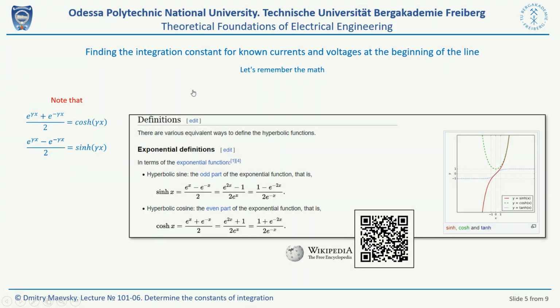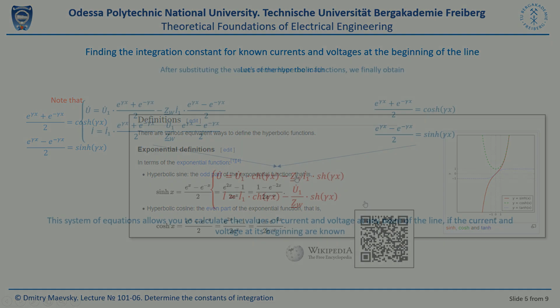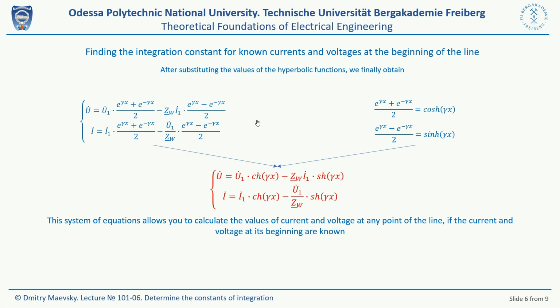You can learn more about hyperbolic functions and their properties, for example, from the corresponding Wikipedia section at this link. Replacing the half sums and half differences of the exponents in this system of equations with the corresponding hyperbolic functions, we finally obtain such a system of equations.